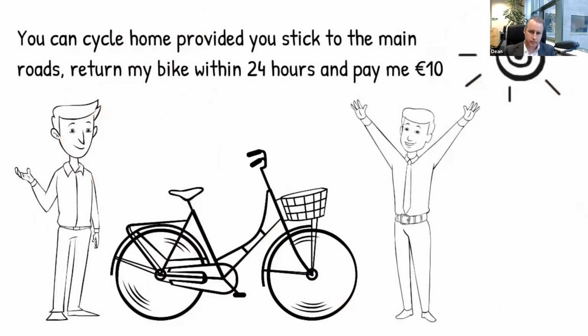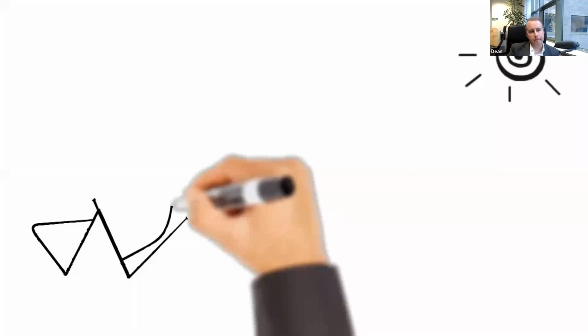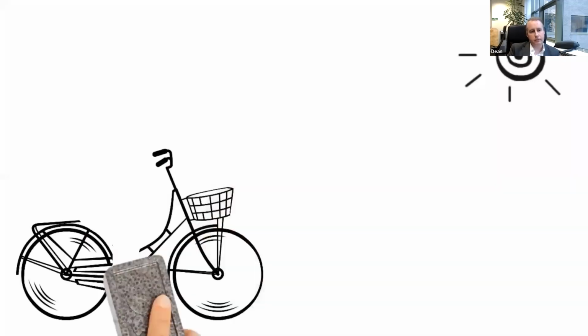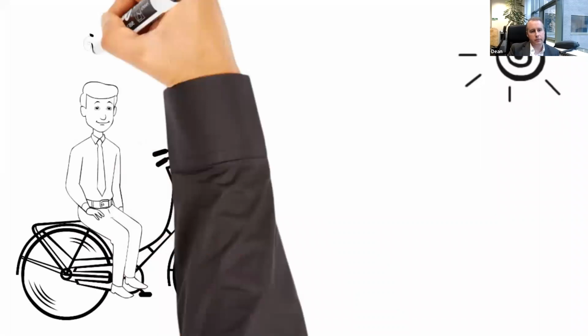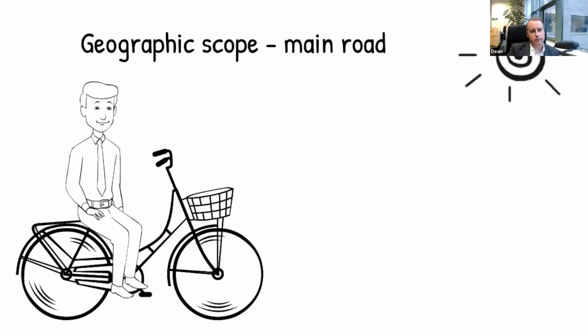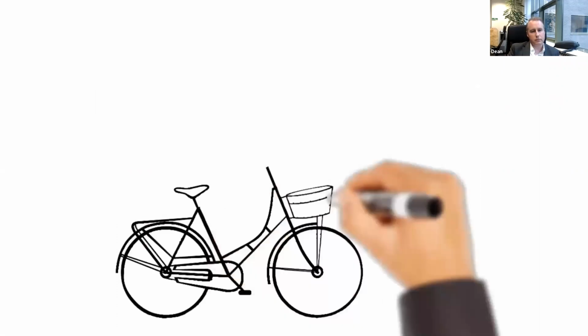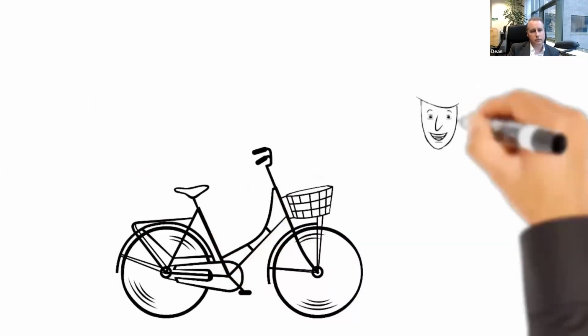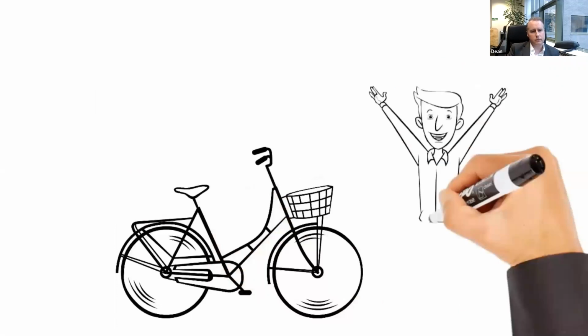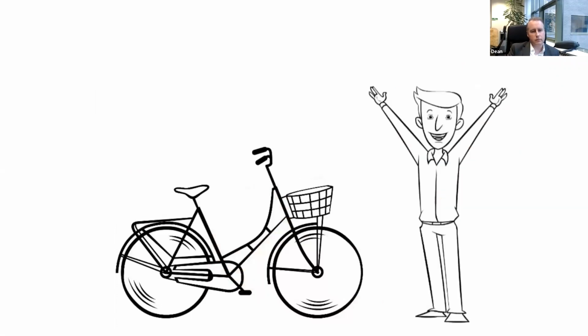What has happened here is that John has licensed Paul the use of his bike subject to certain license limitations. Geographic scope is the main road, the term is 24 hours, and the license fee is €10. And unlike in an assignment scenario, John has retained his proprietary rights in the bike while also being able to generate an income. In other words, following the term of 24 hours, the bike will revert back to John.